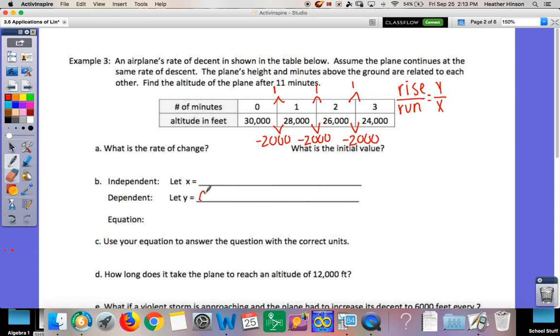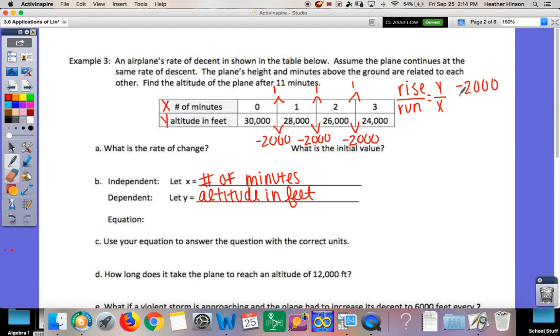So your altitude in feet depends on the number of minutes. So minutes is x, altitude is y, which means negative 2,000, the difference on the bottom, is going to go in the y spot.